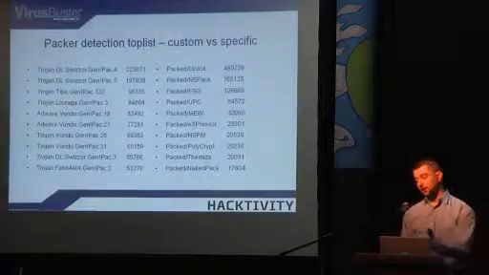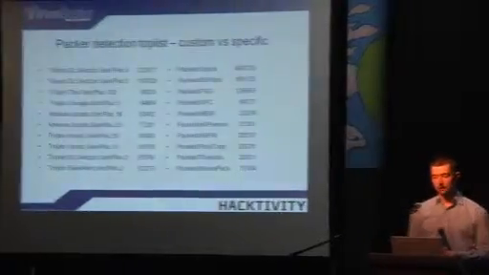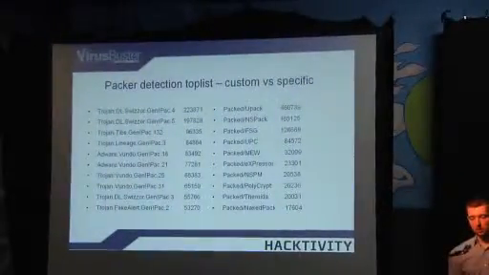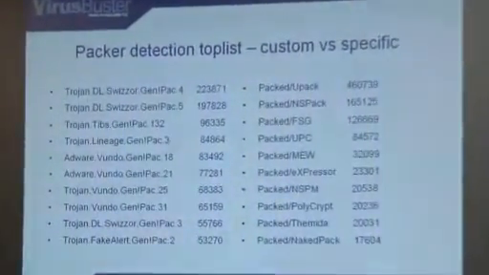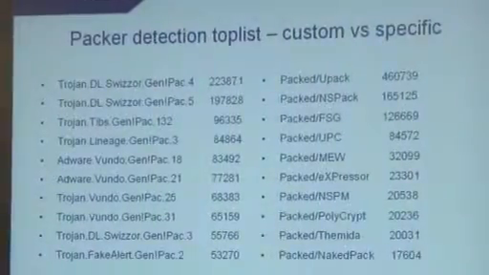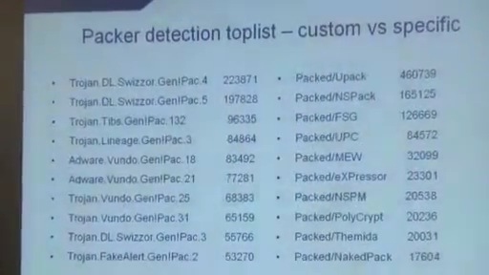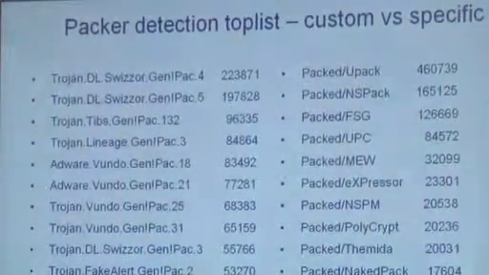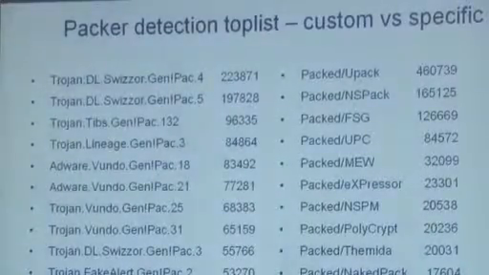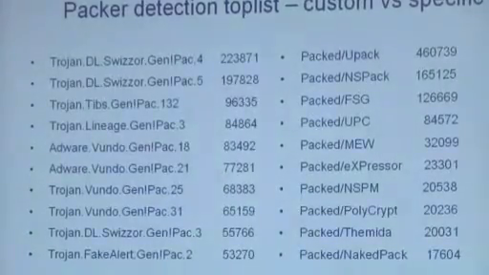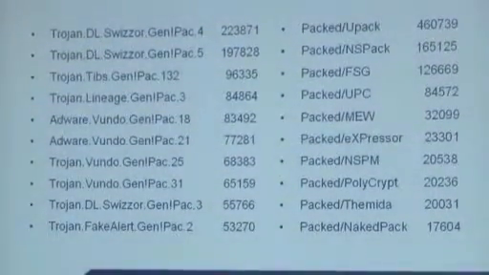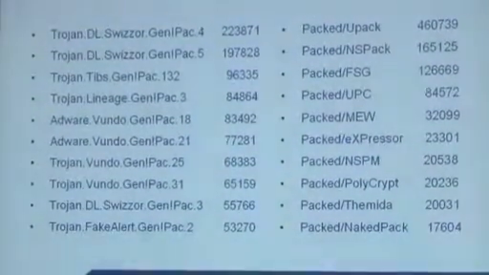A bit of statistics about what this looks like, and this is a quarterly internal collection we had. You can see the custom packers. They belong specifically to one or more malware families. And on the right hand side you see the packers that somebody procured and propagates over the internet.